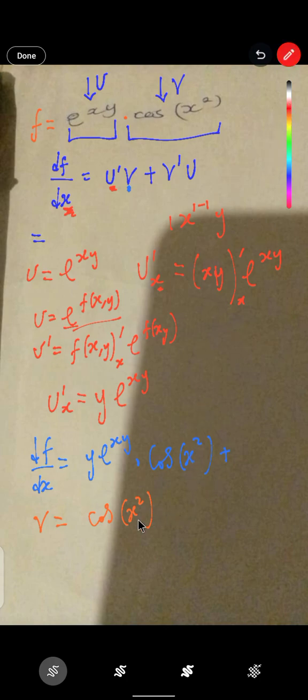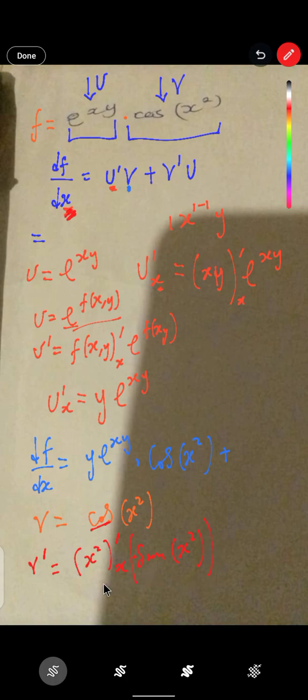How do you differentiate the cos function? You take what is inside, x squared, and differentiate this with respect to what you're differentiating. In this case, again, with respect to x. Then you write the derivative of cos, which is negative sine, times negative sine of what is inside here, x squared.